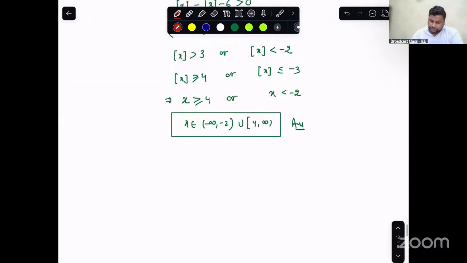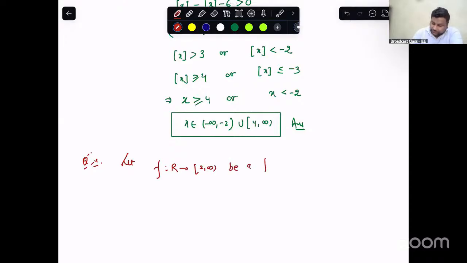Now, question number 4. Let f from R to 2 to infinity be a function defined as fx is equals to x square minus 12ax plus 15 minus 2a plus 36a square.